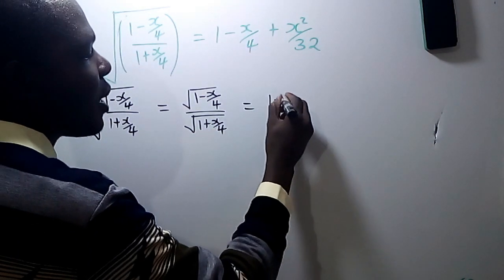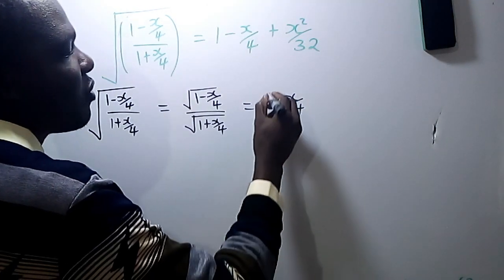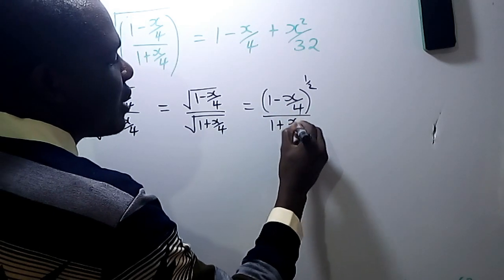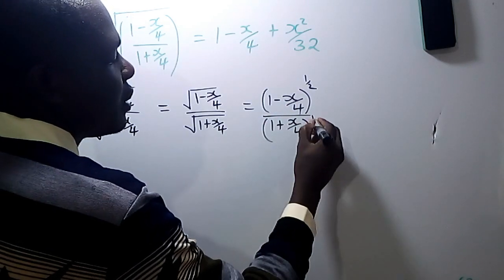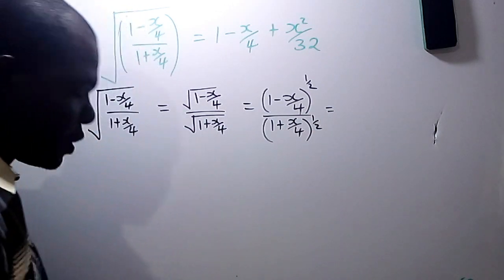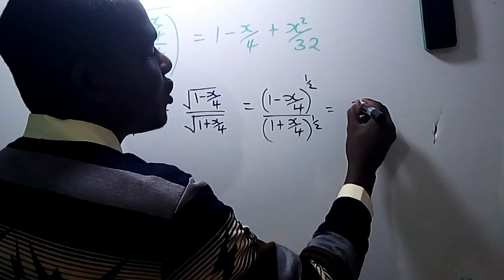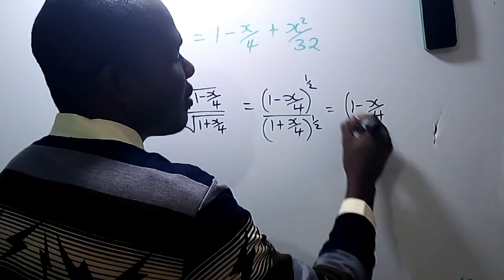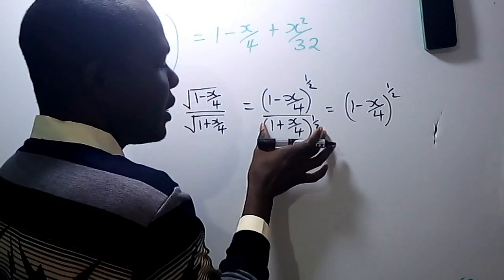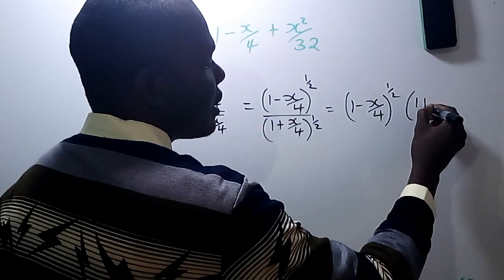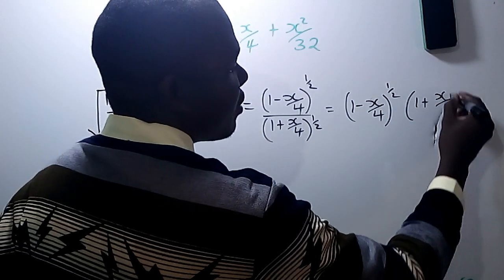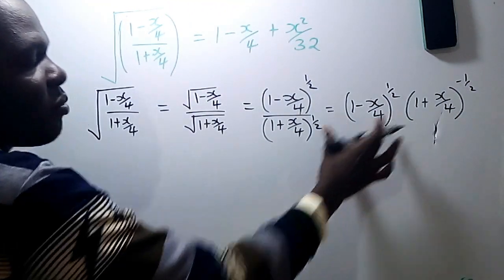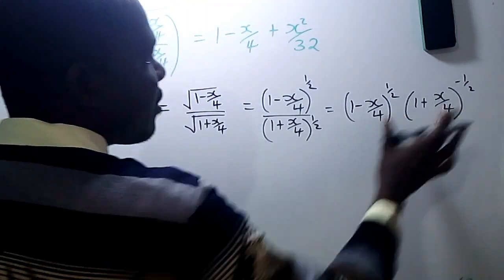So that is going to be 1 minus x over 4 raised to power half over 1 plus x over 4 raised to power half, which is equivalent to 1 minus x over 4 to power half, then the one in the denominator, 1 plus x over 4 to power negative half. So we need to expand this binomial expansion and expand this binomial expansion.